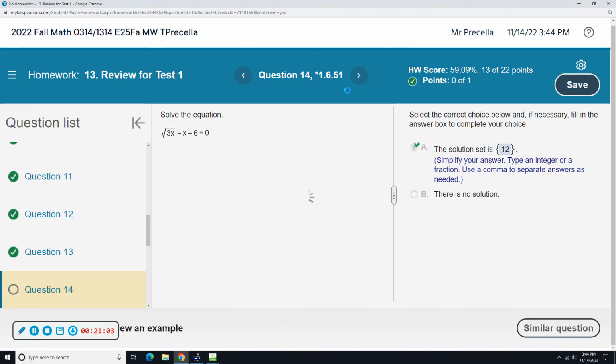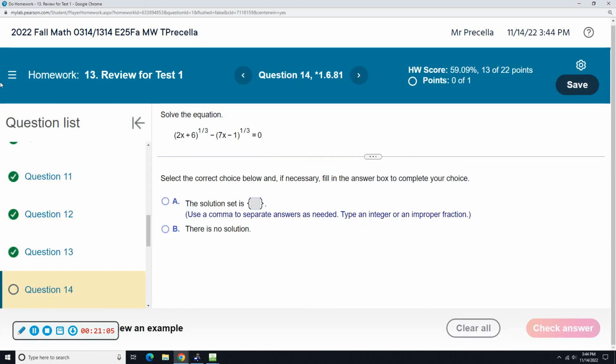And what's number 14? Oh, let's do that. I know we're running out of time, but number 14, you may think it looks awful, but it's actually pretty straightforward once you remember what they mean by an exponent of 1/3.